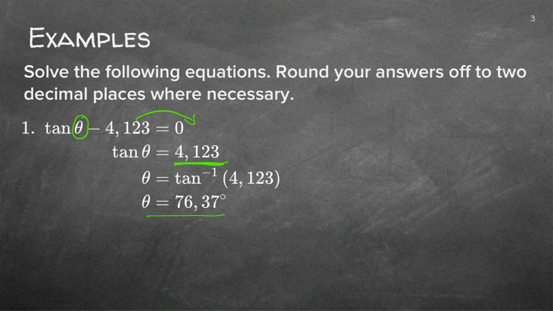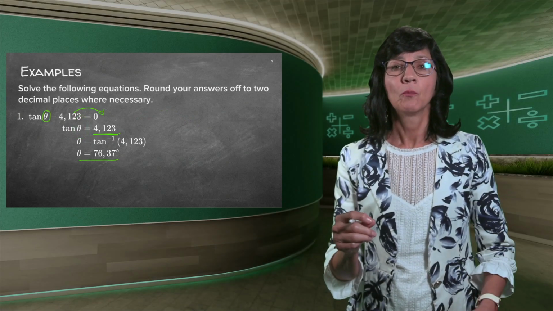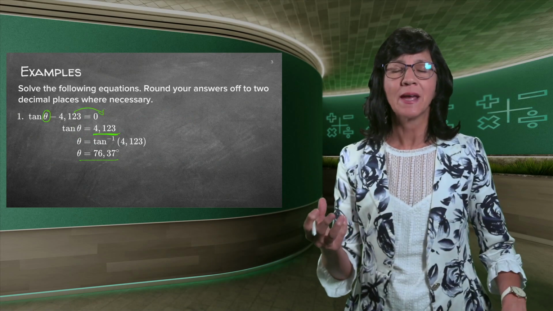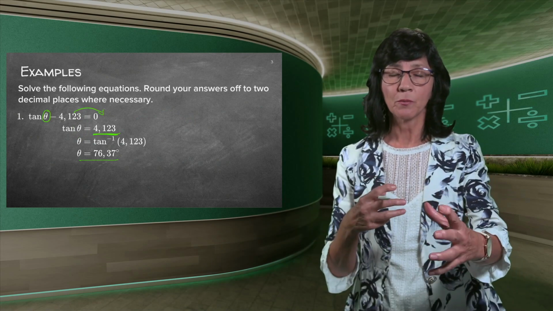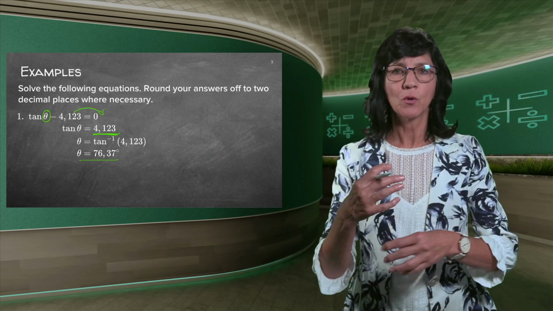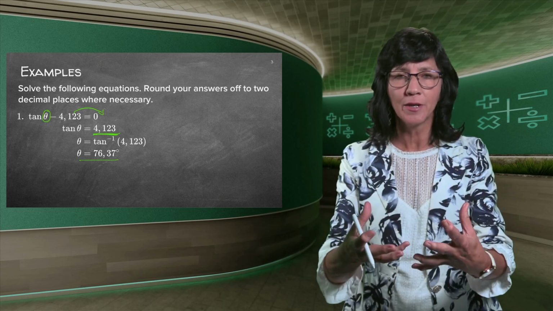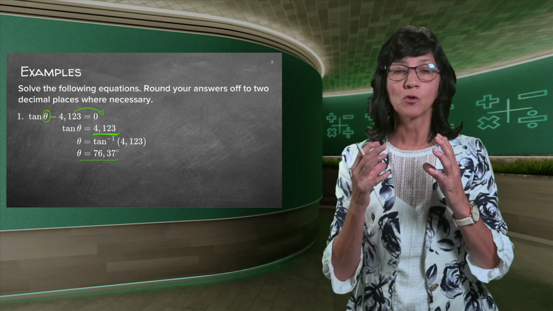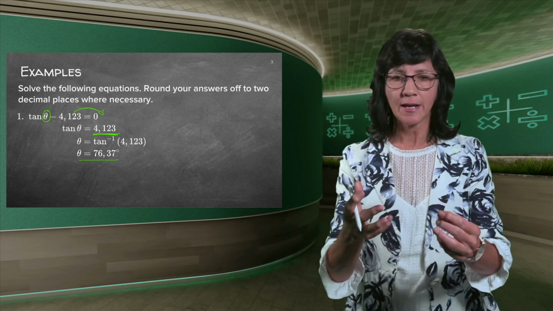Remember, we round off to 2 decimals, and it gives you the answer automatically in degrees, because when you click shift tan to the -1, you are telling your calculator, I'm giving you a value, now you must give me a degree, because trigonometry is about values and degrees.